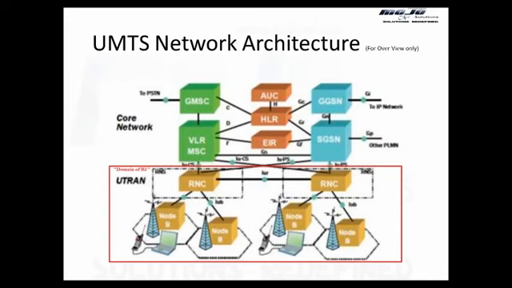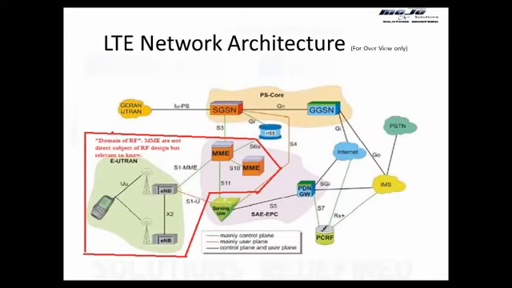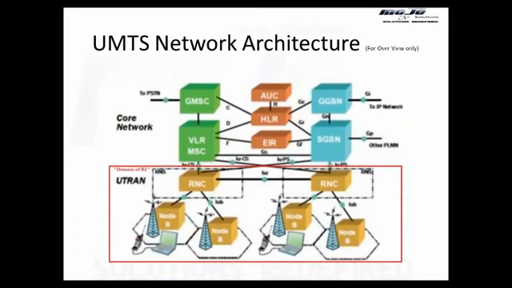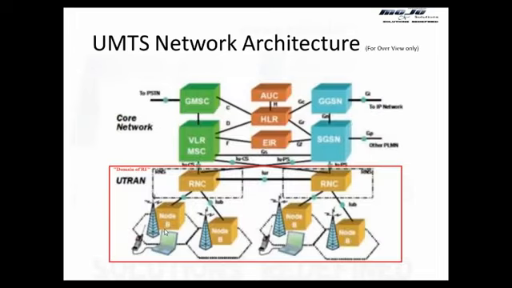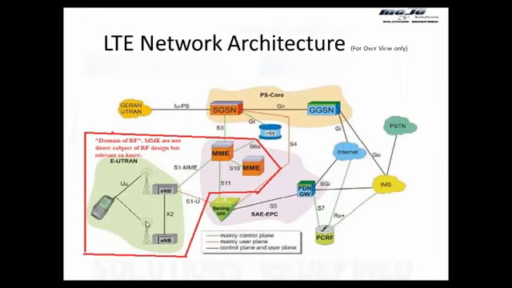As an RF engineer, if we look at LTE or UMTS, the region highlighted in red is our domain. As an RF engineer, we should know about all of those nodes. Let me put my pointer on.